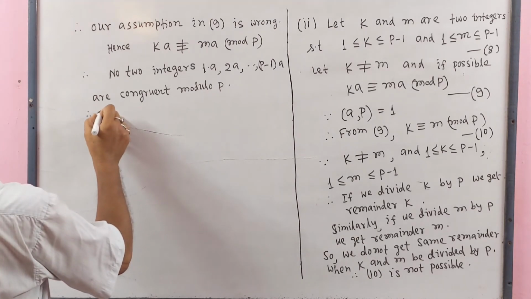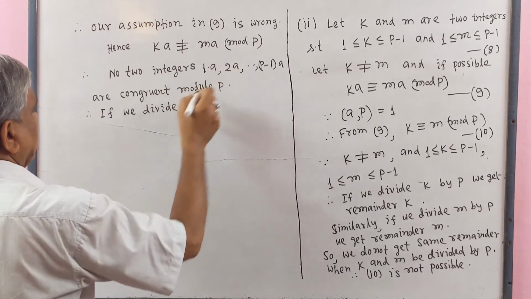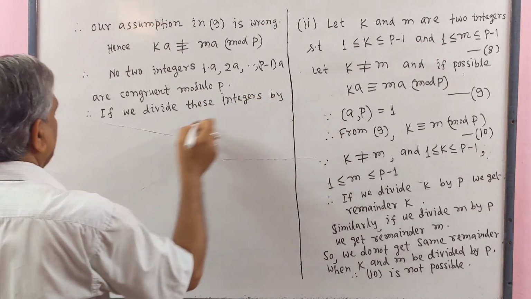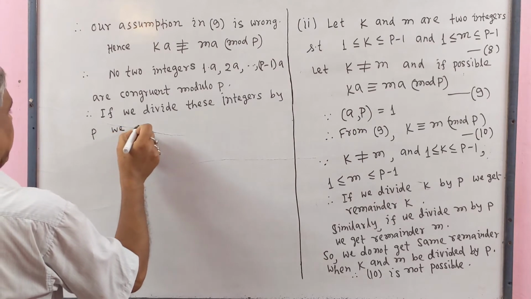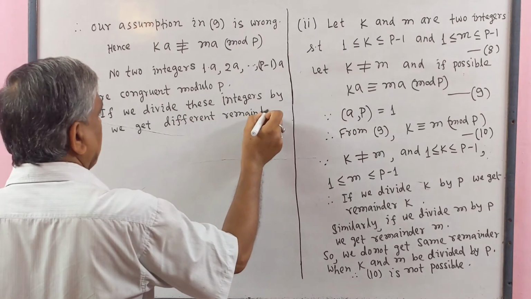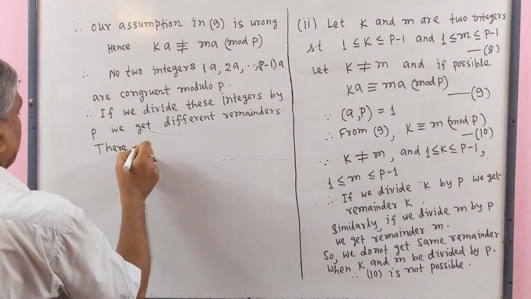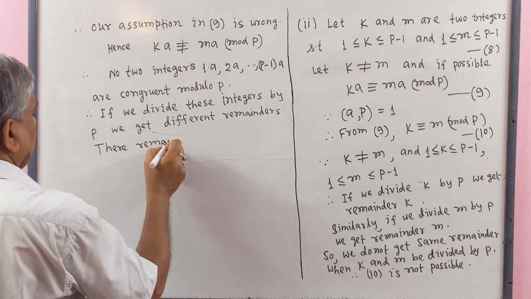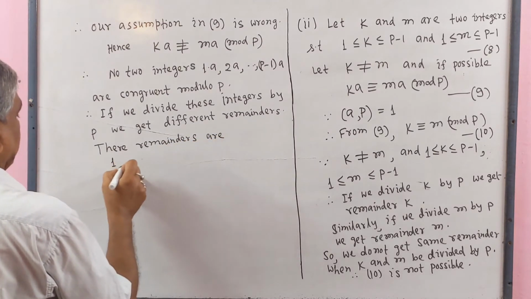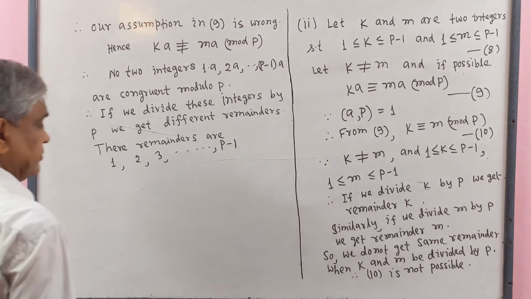Therefore, if we divide these integers by p, we get different remainders. These remainders are 1, 2, 3, ..., p minus 1.